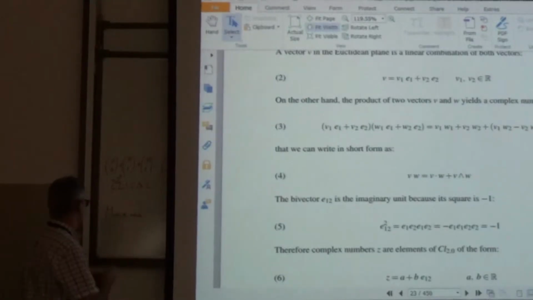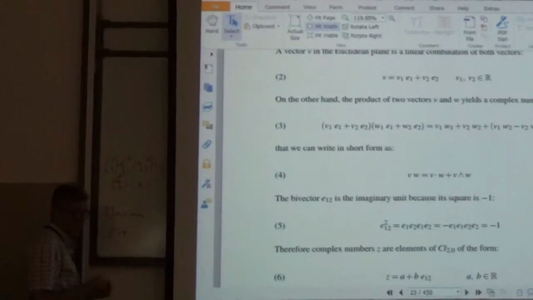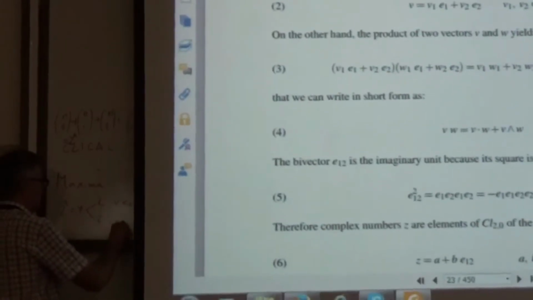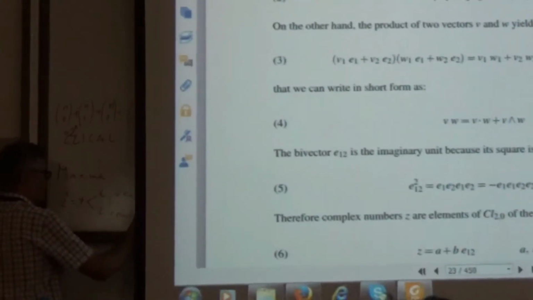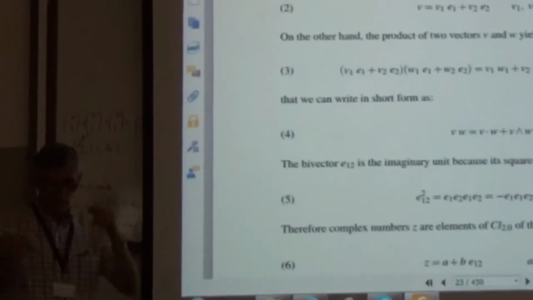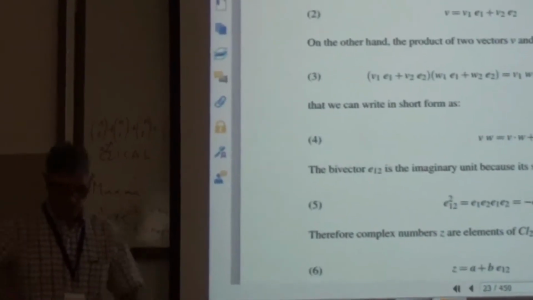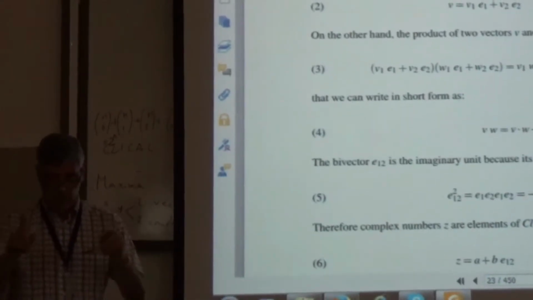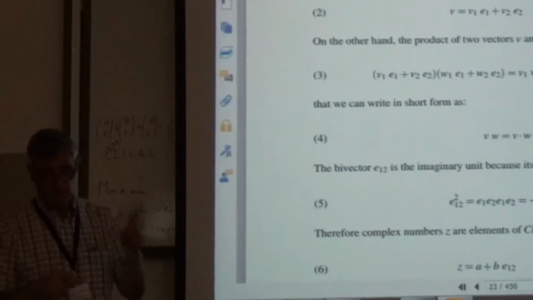In 2 dimensions, we have 2 power 2, 4 dimensions. It means 2 dimensions for vectors and 2 dimensions for complex numbers. But they can be multiplied between them. In your faculties, you have not seen the multiplication of complex numbers by vectors.